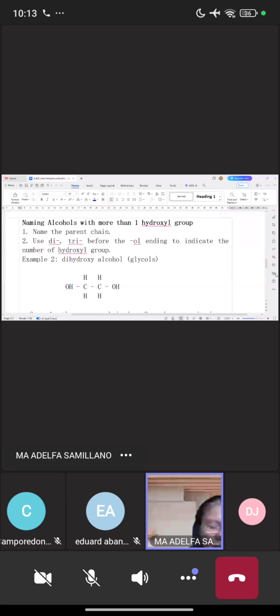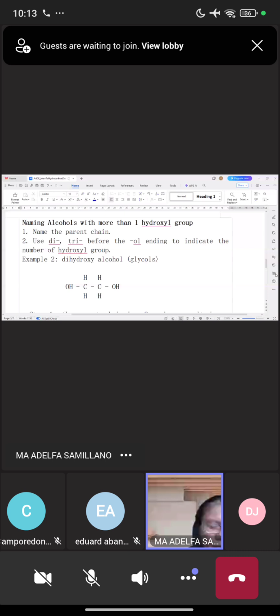So let us discuss an example. This is a dihydroxy alcohol, meaning it contains two hydroxyl groups. Dihydroxy alcohols are also called glycols. So here, on step one, we apply all the rules that we have learned thus far. The parent chain has two carbon atoms, so the parent chain is ethane.